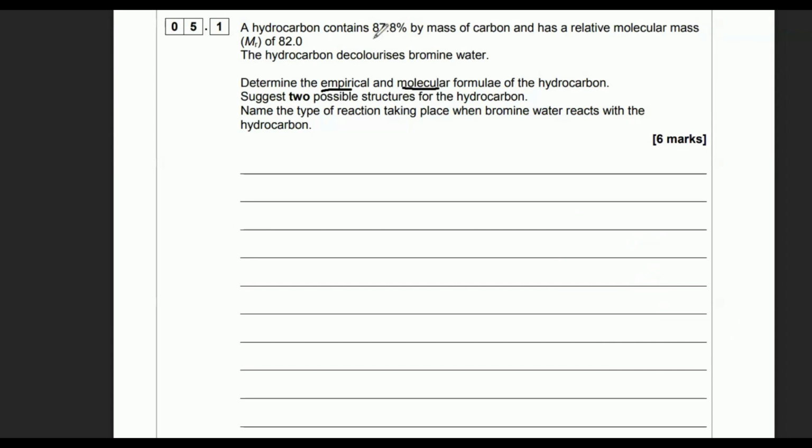So let's start off with the empirical formula. 87.8% is carbon. So if we do 100 minus 87.8, smash that in the calculator if you can't do that in your head, you're going to get 12.2. So we now know that there is 12.2% hydrogen and 87.8% carbon.